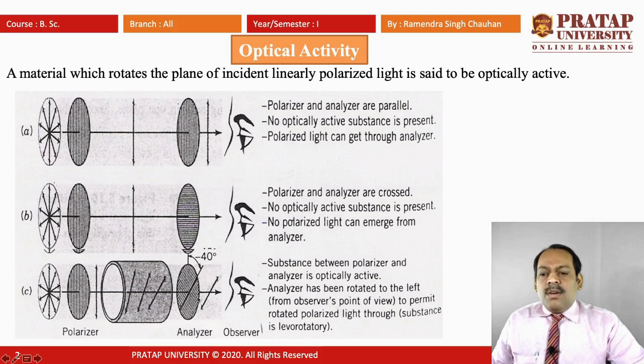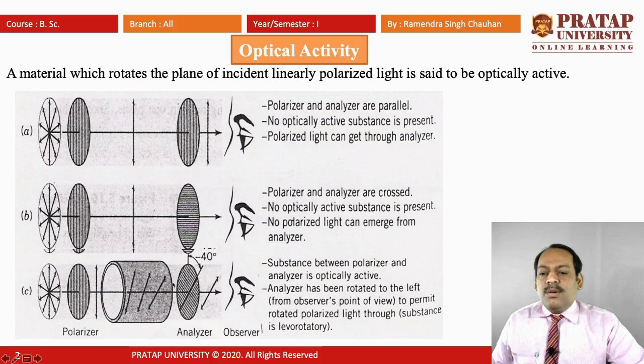But here what we see is that when an optically active substance is placed in between the polarizer and analyzer, the light which was blocked in the previous case B, we can see some light, because the plane of polarization or plane of vibration of the light is rotated when it passes through the optically active substance.